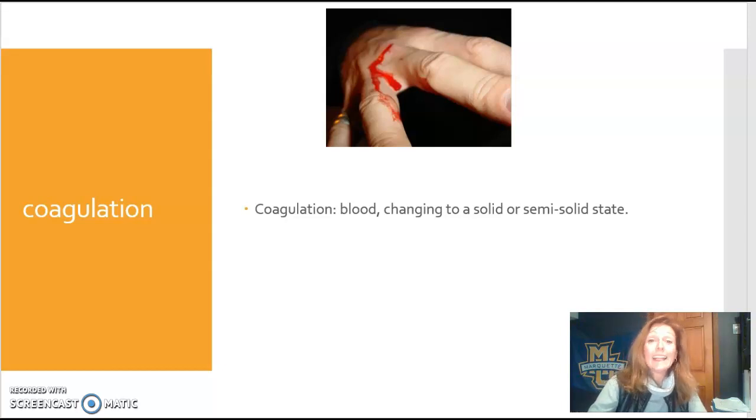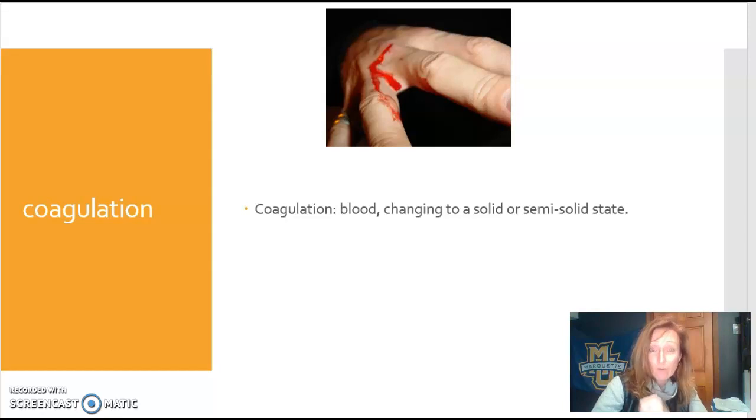So when the body gets injured, we know that this miraculous body undergoes an immediate attempt to fix that problem, to stop the bleeding, to plug up the system by a variety of ways. It's a complex process of vasoconstriction, those blood vessels getting smaller, and platelet clumping or aggregating, right?